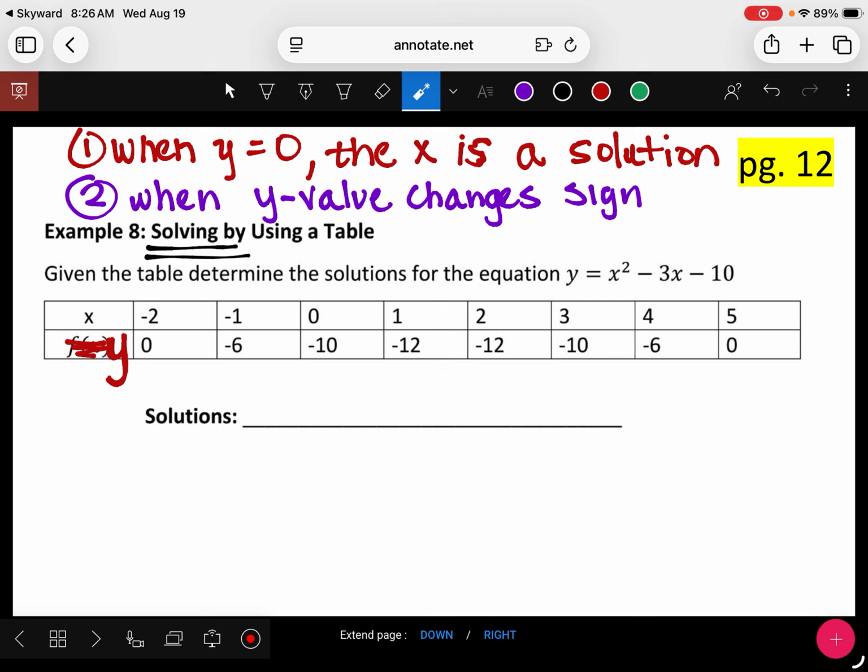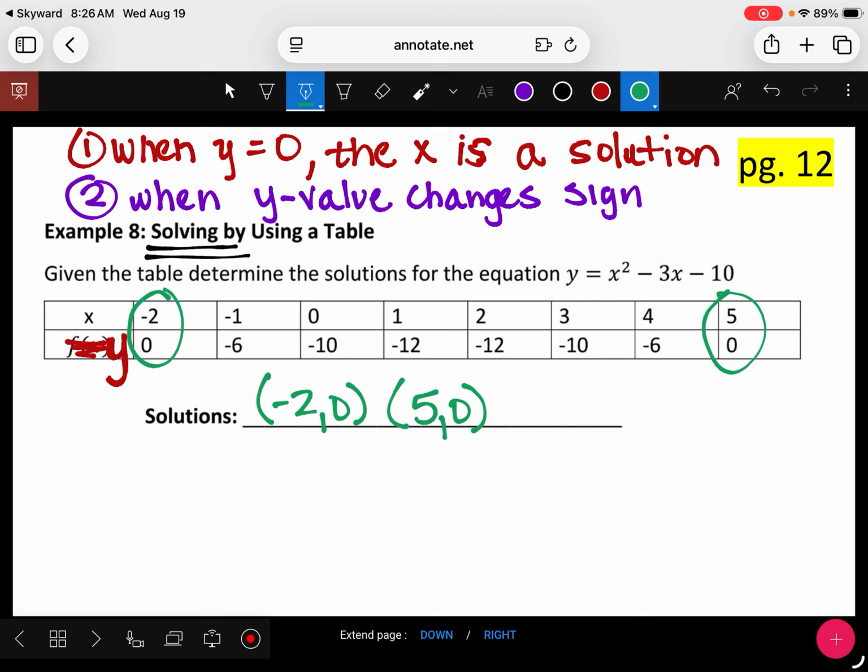Yeah, there were 2 zeros. So that means that this would be my first solution. And this is my second solution. So that's the easiest way to find your solution. It's just looking for when the y value is 0.